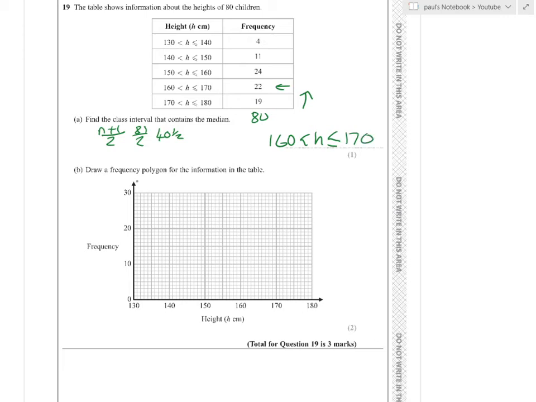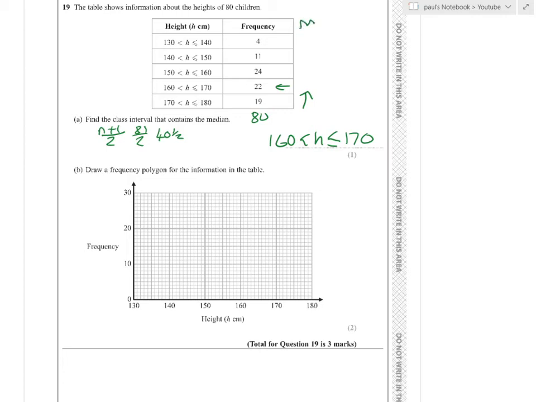Alright. Draw a frequency polygon for the information in the table. A frequency polygon. I wonder what a frequency polygon is. So we'll take 135 as the height, and we take a midpoint.